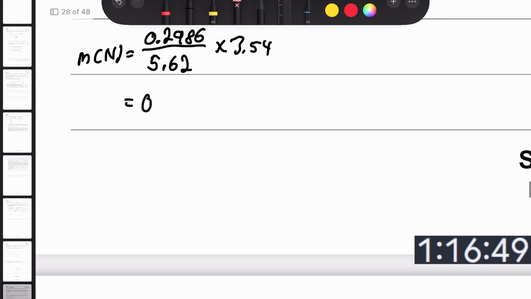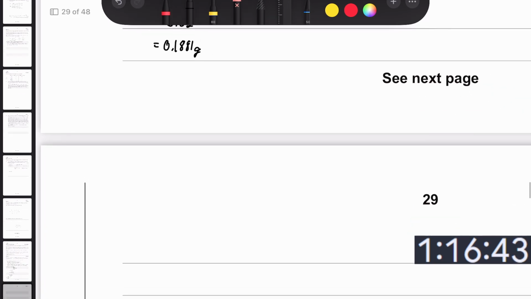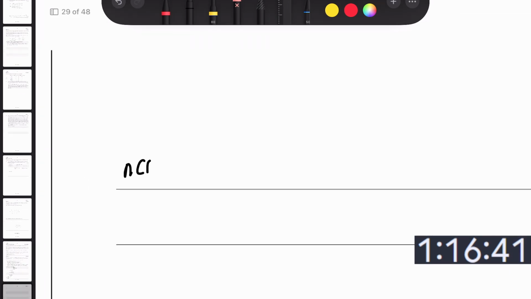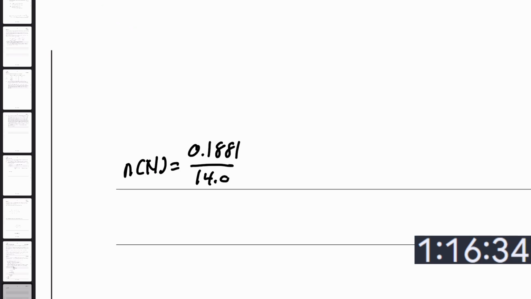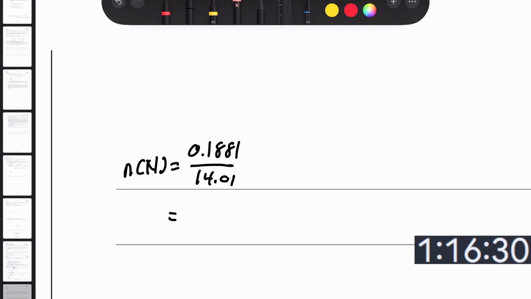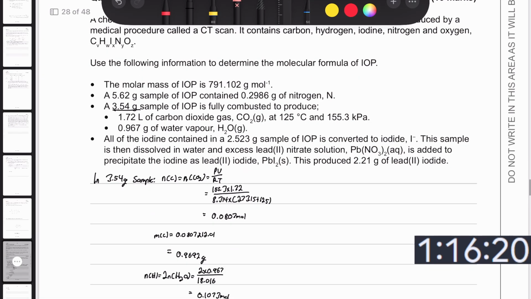So I'm going to get 0.1881 grams. So then I know that my number of nitrogen is going to be equal to 0.1881 over 14.01, which is 0.0134 moles. Now the next bit, this is probably the hardest bit.